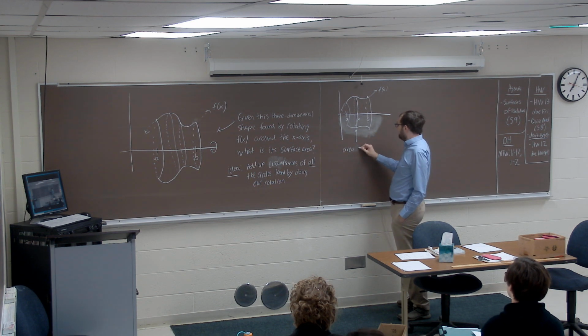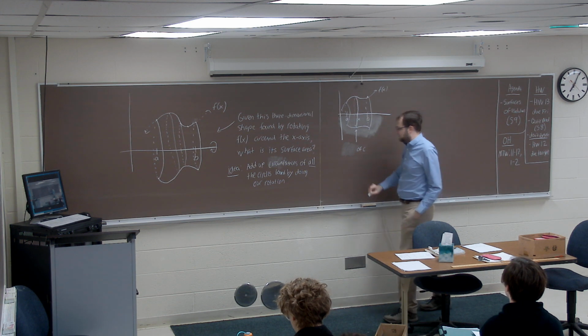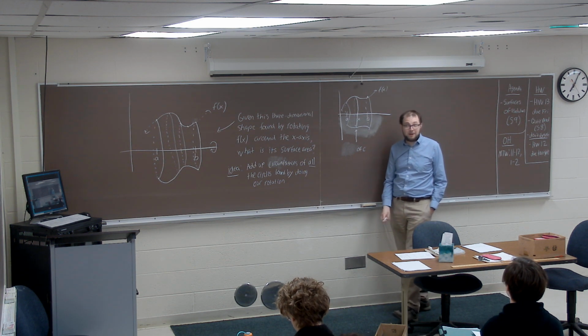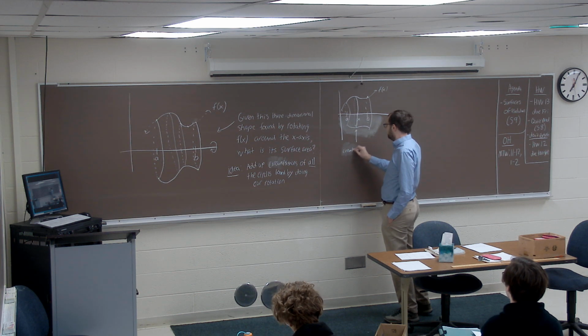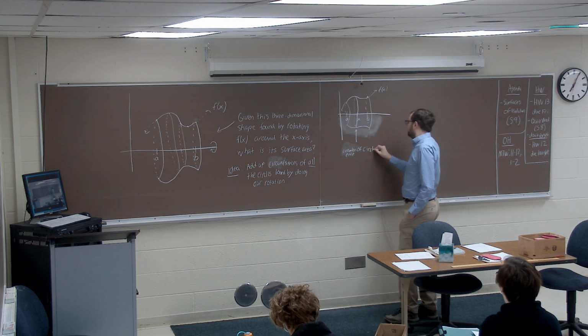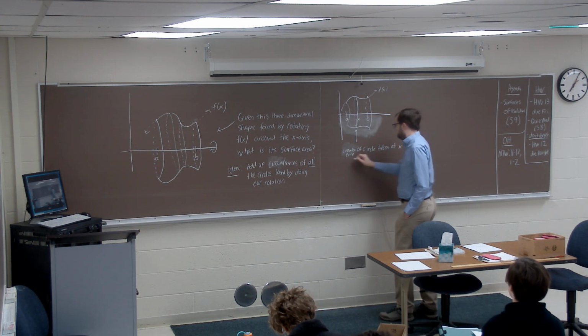So what would the area of the circle, or not area, I'm too used to thinking about the word area in this class. What would the circumference of the circle taken at X look like?